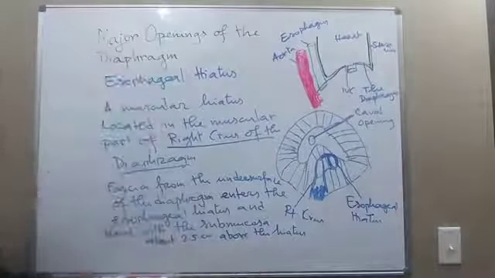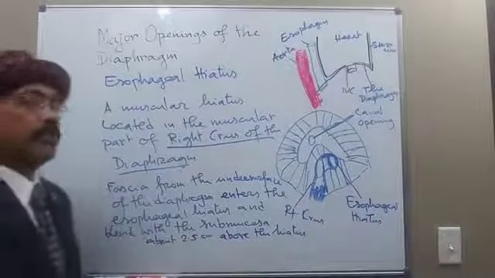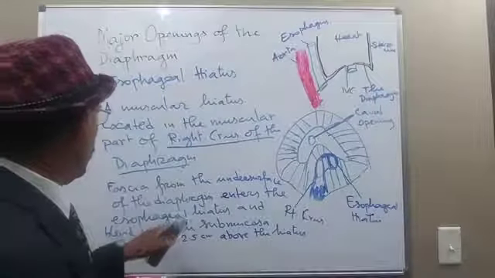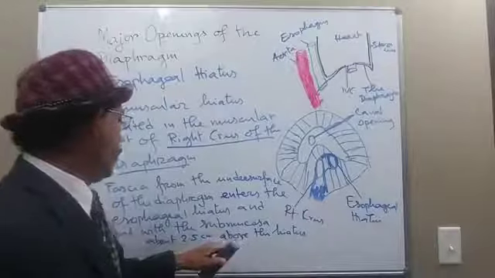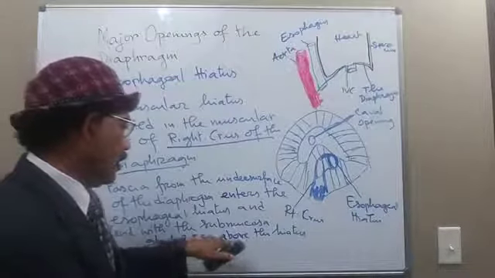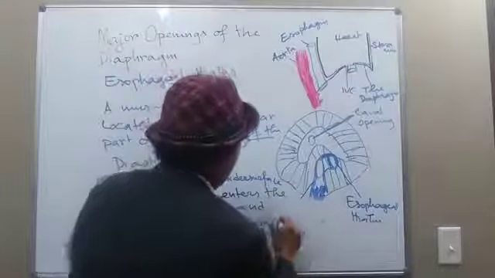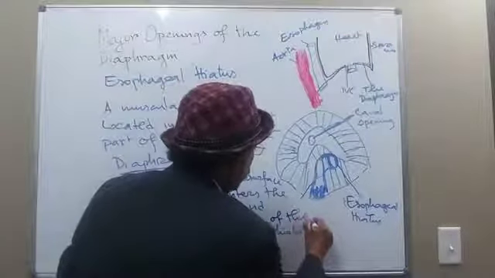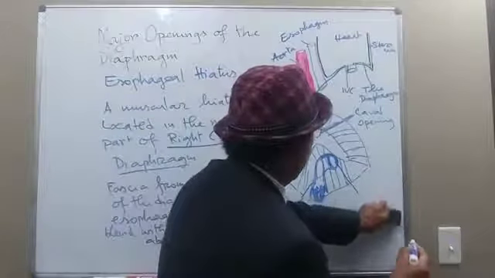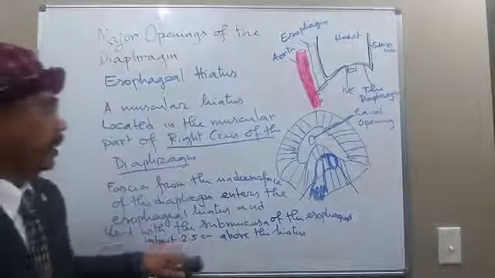Okay, so this is a fascia from the undersurface of the diaphragm that is continuous with that of the transversalis fascia. It enters the esophageal hiatus and blends with the submucosa of the esophagus about 2.5 centimeters above the hiatus.